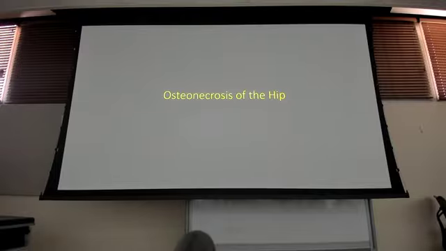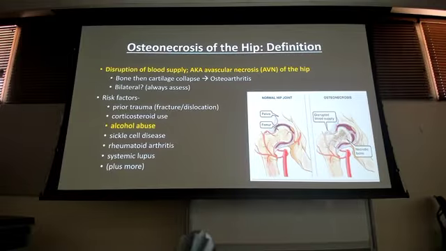We'll start osteonecrosis of the hip. Osteo meaning bone, necrosis meaning death. So osteonecrosis of the bone means that something's going on here that's killing the bone. And what bone do you think we're talking about? The femur? Okay, the head of the femur specifically. So when you look at the blood flow of the femoral head, how the blood and nutrients are supplied, you say it looks very tenuous because it's not all encapsulating.